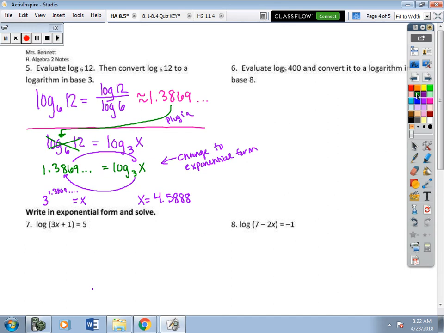Remember what the answer was is log base 3 of x. So just take this and plug it back in for x. So it would be log base 3 of 4.5888. So we've changed this expression to be log base 3. It'll still have the same value.